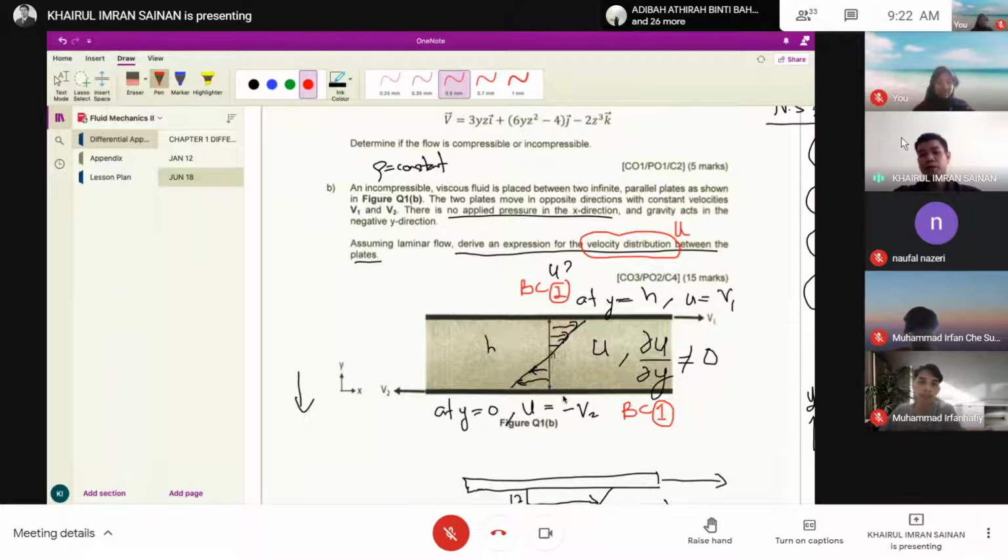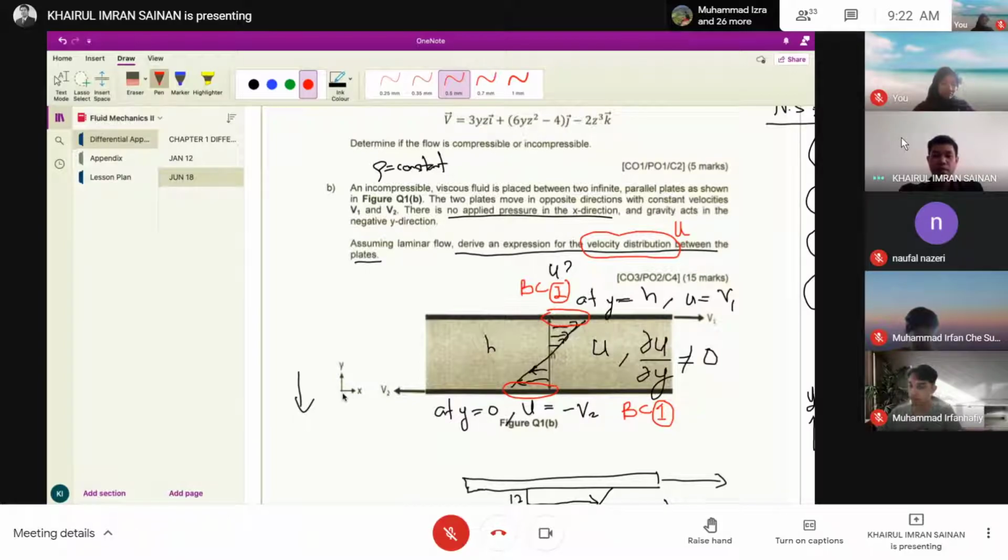So this is the boundary condition. Now take a look at x and y. The position of x and y is actually at the bottom. Later I'm going to explain the importance of axis positioning.